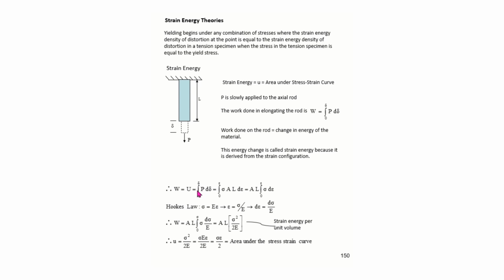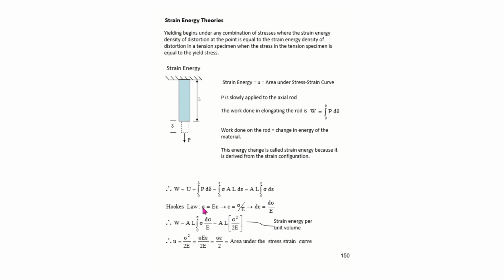So here we know that P, which is the force, can be written as sigma A. d delta is the change in length, and we can write that as L times the change in the strain. So now grouping terms, we have AL that can be pulled out of the integral, and we have sigma d epsilon, where epsilon here is the strain and sigma here is the stress.